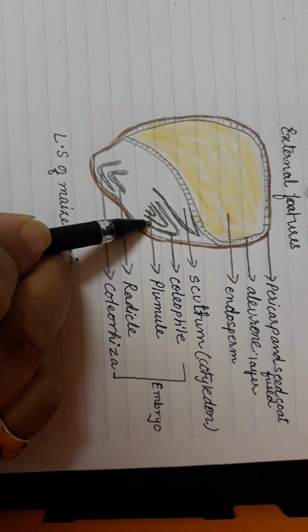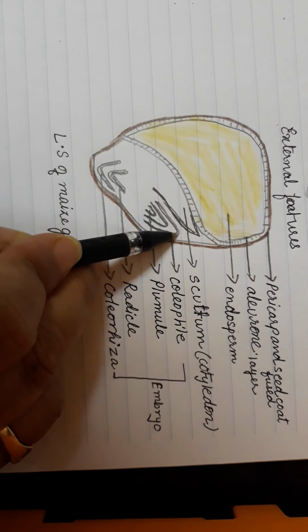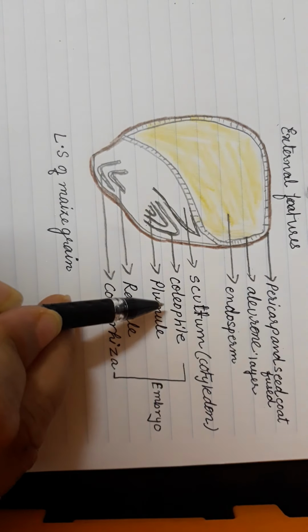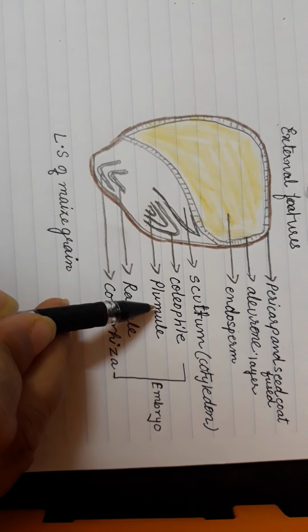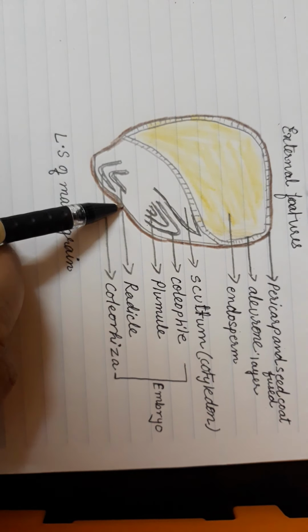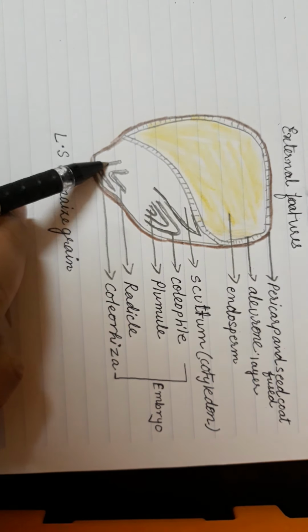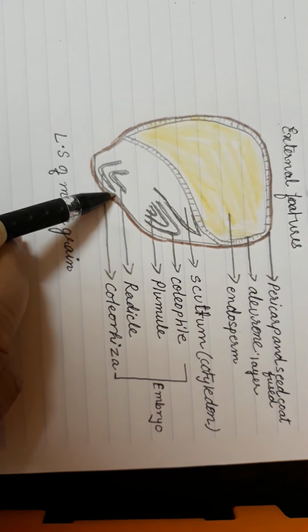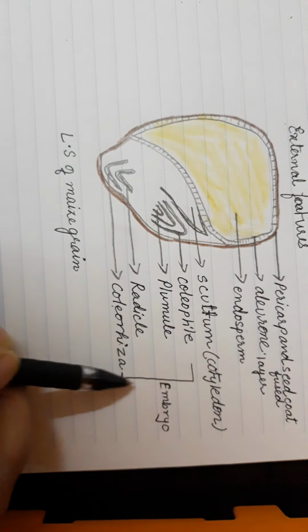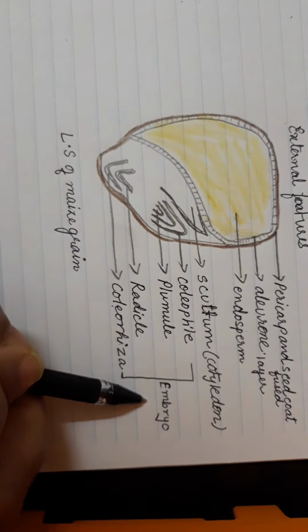The plumule contains the growing tip with a few embryonic leaves, and this is covered by a plumule sheath, which is called coleoptile. The radicle lies just below that at the base of the grain, and it is covered by a root cap. It is surrounded by a protective root sheath, which we call coleorhiza. So this portion is the embryo of the seed.